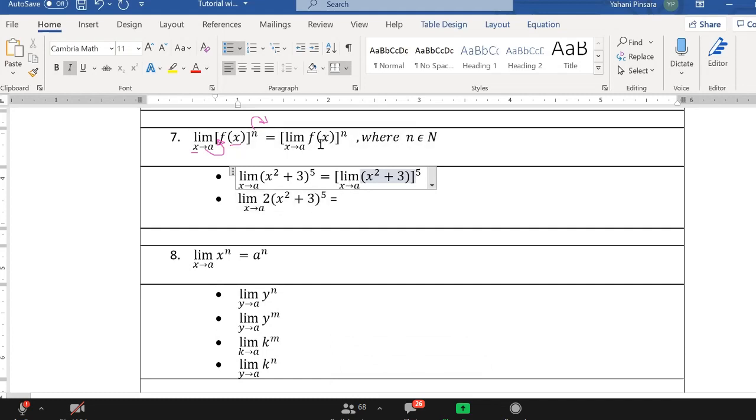And here, if we take this second one, you have a constant in front of the function. So you can take it outside and then proceed with this particular law.